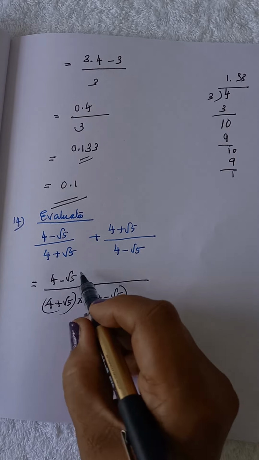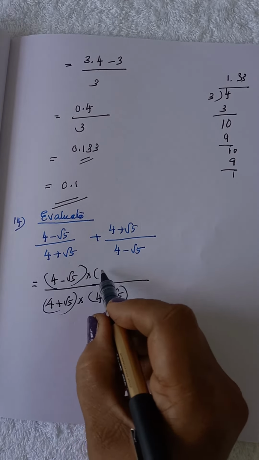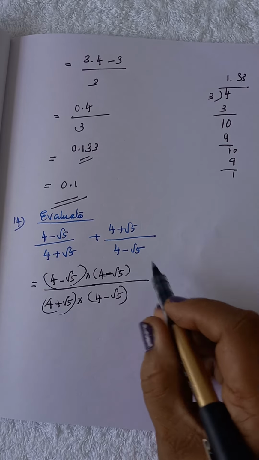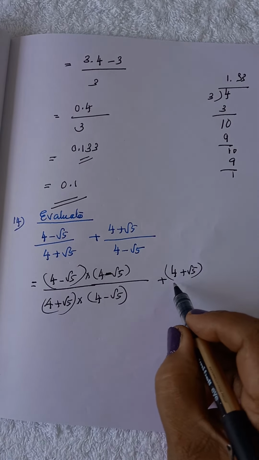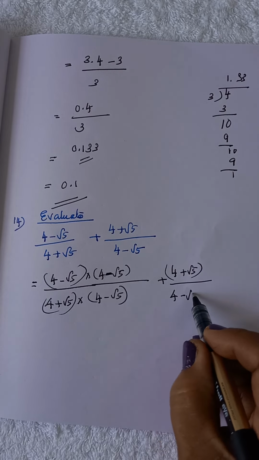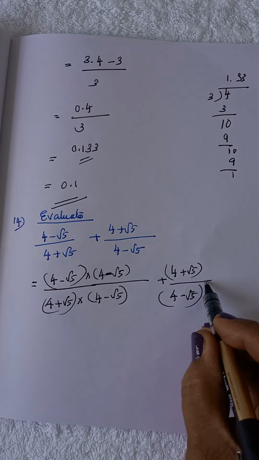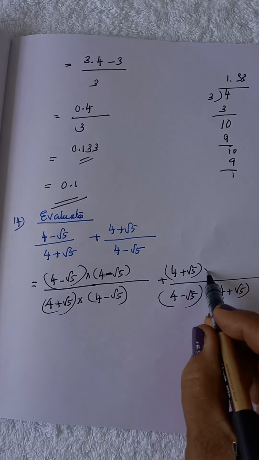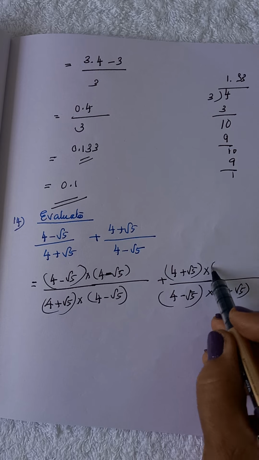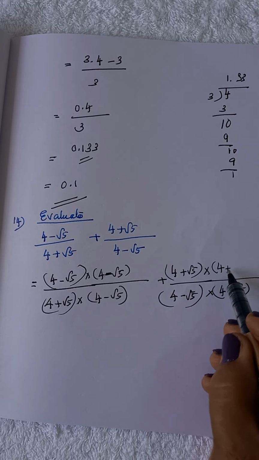The numerator also we multiply by 4 minus root 5. Then plus (4 plus root 5) divided by (4 minus root 5). Here also root is there, so the conjugate of 4 minus root 5 is 4 plus root 5, and in the numerator also we multiply by 4 plus root 5.